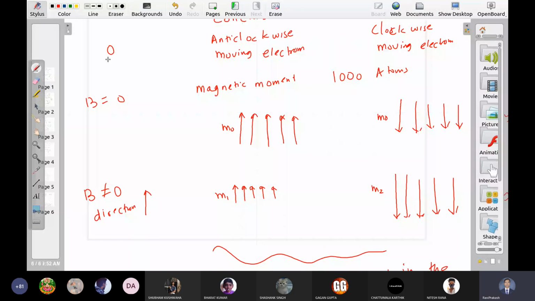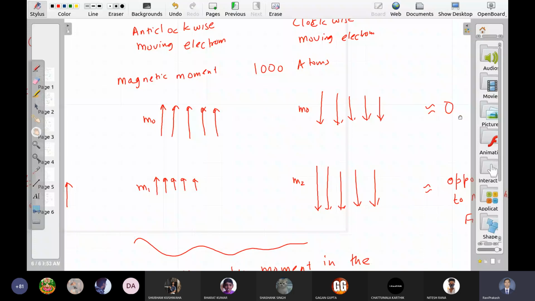We can assume that the numbers of electrons moving clockwise and anti-clockwise are roughly equal. There is no problem in this assumption, right? So when there is no magnetic field, the overall magnetic moment is roughly 0, because they cancel each other.